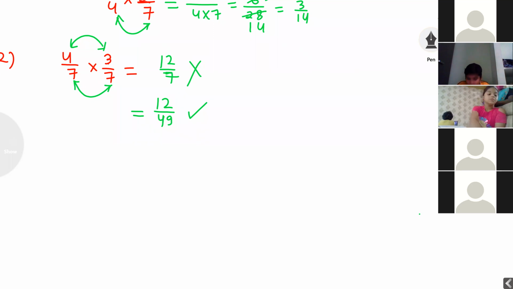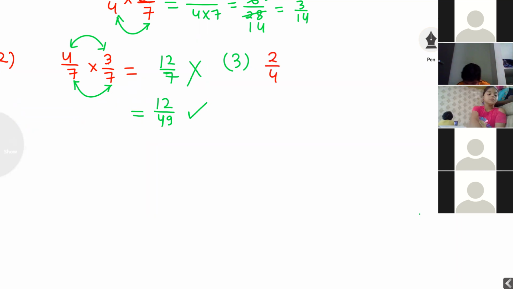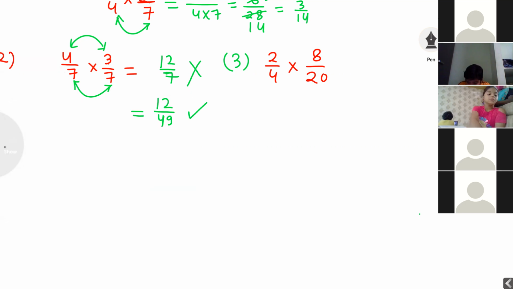Third example: 2 by 4 into 8 by 20. Here two methods are there, students. We can cancel numerator and denominator, but only in the case of multiplication. 4 ones are 4, 4 twos are 8, 2 ones are 2, 2 tens are 20.